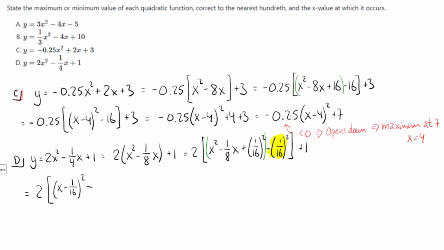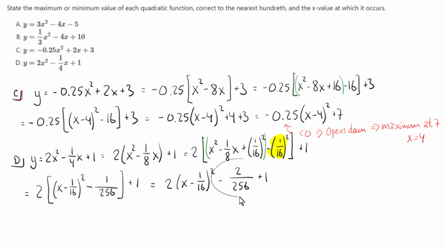Negative 1 squared is just 1. 16 squared is 256 plus 1. We combine, now we multiply everything by 2. We bring the 2 back into the bracket. So it's going to be 2 times x minus 1 over 16 squared minus 2 over 256 plus 1.